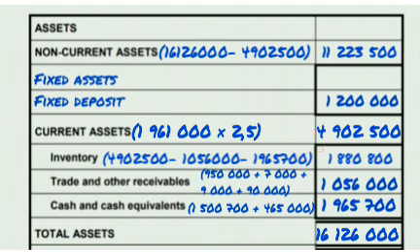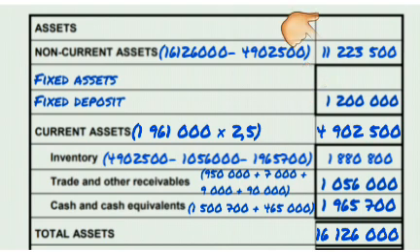Similarly, I can find my total for non-current assets if I take my total assets of 16,126,000 that I just got from my total equity and liabilities, and I now minus the current asset I had just calculated of 4,902,500. It will give me my non-current assets at 11,223,500. And now that I have that non-current assets, I can use it to find my fixed assets. How do I do that?